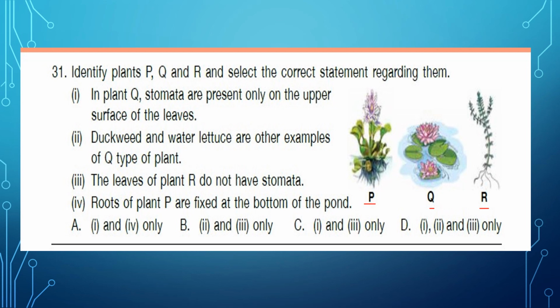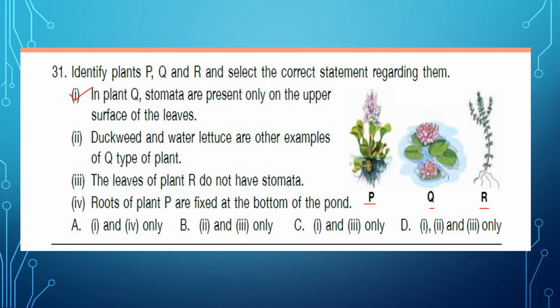So let's read the statements. 1. In plant Q, stomata are present only on the upper surface of the leaves. This statement is correct. In statement 2, duckweed and water lettuce are other examples of Q type of plants. Duckweed and water lettuce are floating aquatic plants.